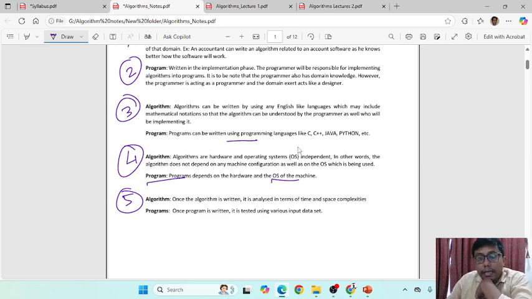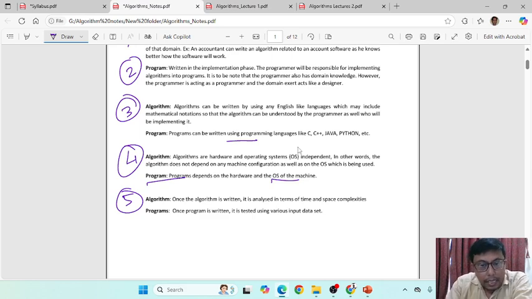We will learn in detail in subsequent lectures how to develop the time and space function of a particular algorithm, and then analyze those algorithms using the substitution method, the recursion tree method, or the master's theorem, which are the tools to analyze the time and space complexity of an algorithm.